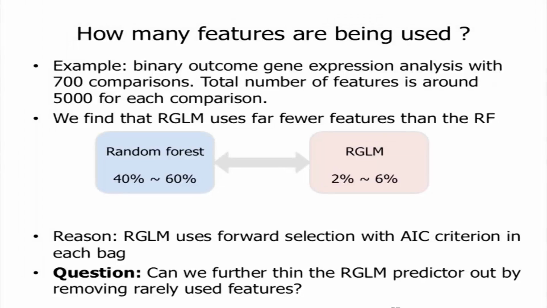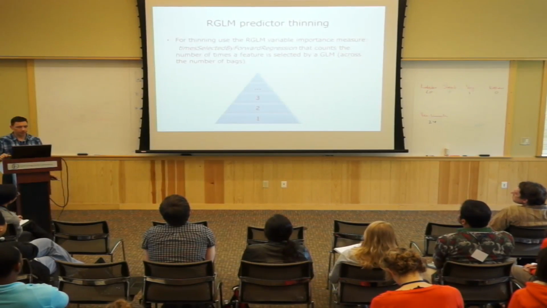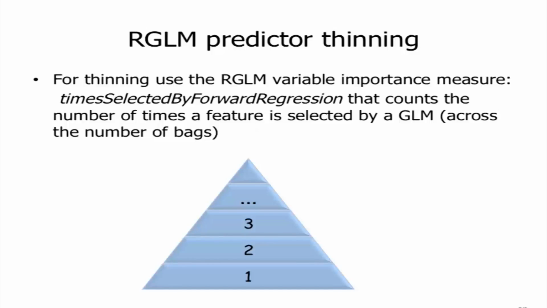In contrast, the RGLM already only uses 2 to 6% of the genes. Why? Because it uses several variable selection steps, so by construction it already involves fewer features. However, when you couple this with the thinning idea, you get even fewer.